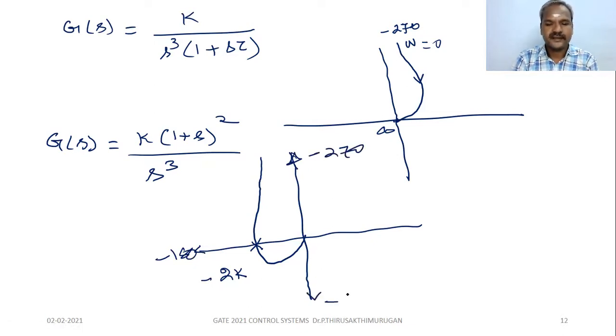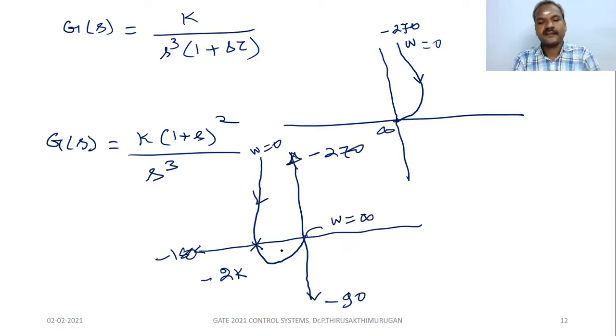This is minus 90. Okay, so it is starting when omega is 0, and at this juncture, omega is increasing. Okay, understand or not? So these are all the typical polar plots for different transfer functions. Please remember the polar plots for different transfer functions.